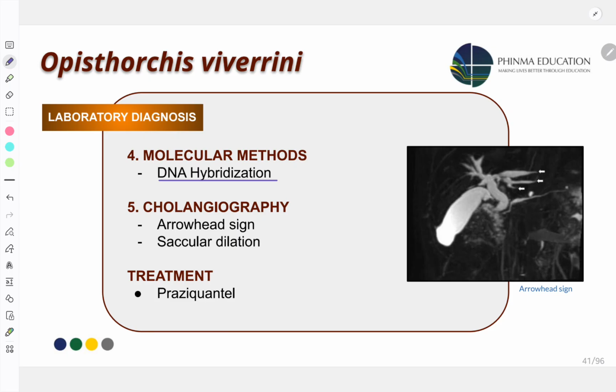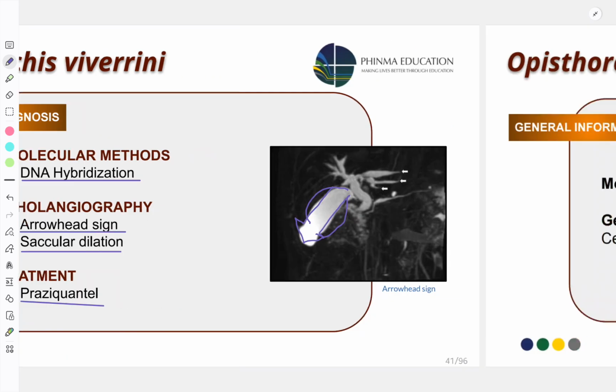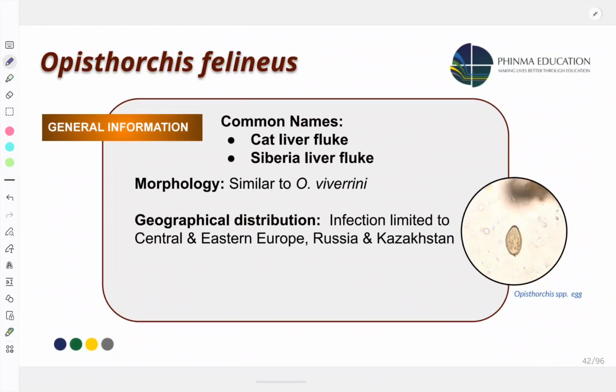On cholangiography, what you see is the arrowhead sign and saccular dilation. On ultrasound, you have the arrowhead sign and dilation of the bile duct. The treatment of choice is the same: praziquantel is the drug of choice.